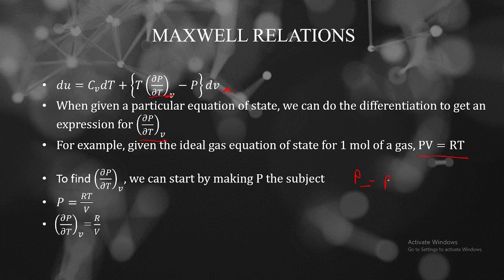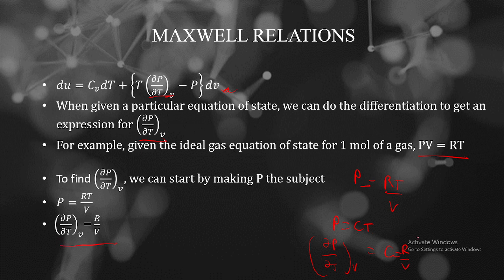So P is equal to RT over V. Now remember we are keeping V constant, so I can express R over V as a constant. So P is a constant times T. If I want to find del P del T at constant V, it's a constant times my variable, so I'm going to be left with the constant. It's going to be my C, and we said that C was our R over V. So if we find that expression, we'll have our R over V.